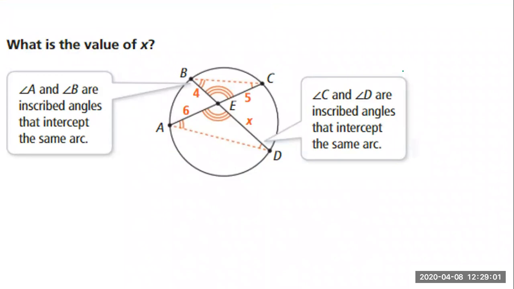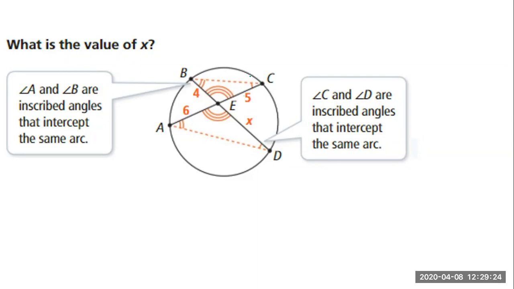What they're trying to show us is if we were to draw in those lines, we could then make 2 congruent triangles. Or sorry, not 2 congruent, 2 similar triangles. Because if you had drawn these 2 dotted lines in, angle B and angle A both intersect arc CD, making them congruent.